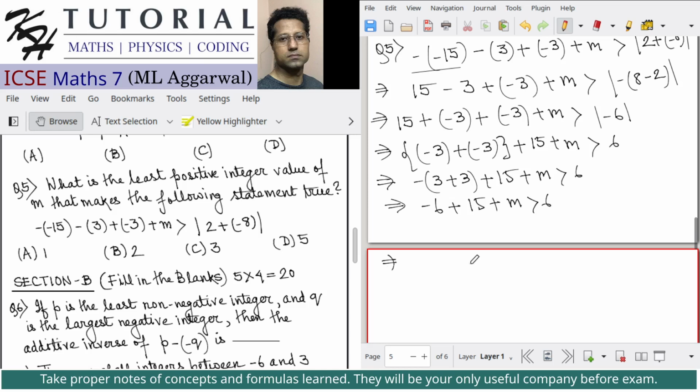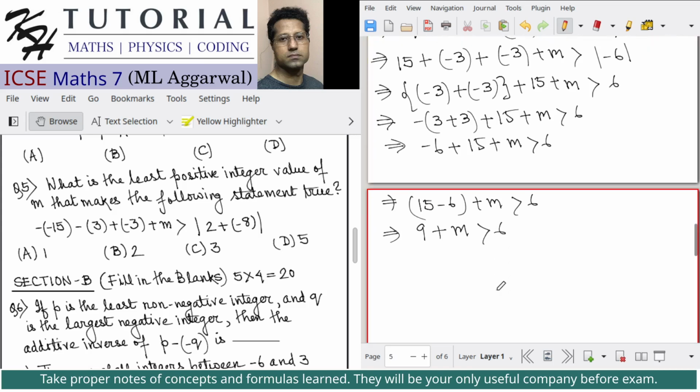How much is minus 6 and plus 15? It is 15 minus 6 plus m is greater than 6. This implies 15 minus 6 is 9. So we have 9 plus m greater than 6.